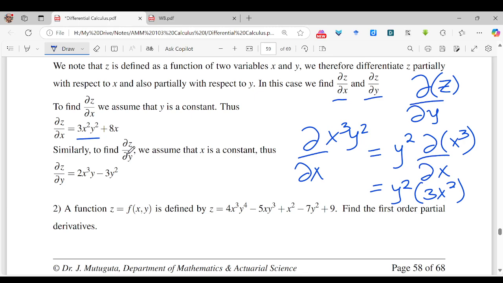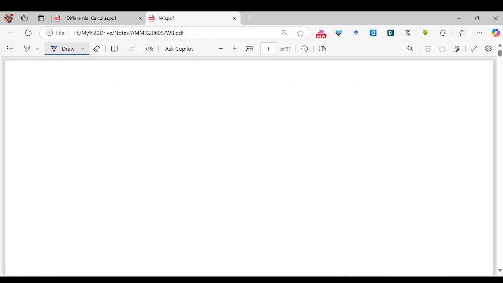Now, similarly, to differentiate this function partially with respect to y, then we shall assume that x is a constant. We treat x now as a constant, and we differentiate each term there with respect to y.